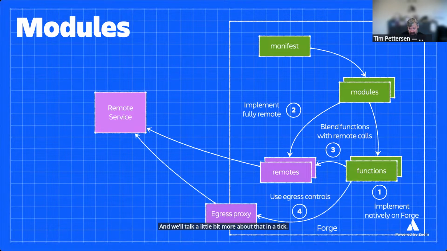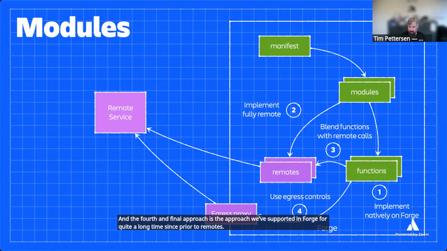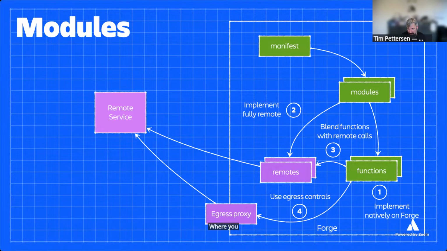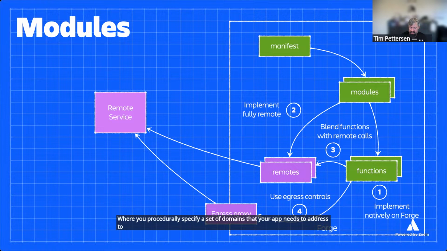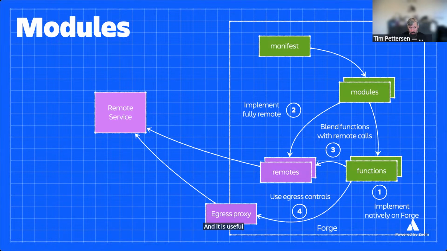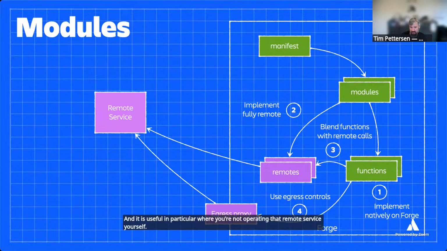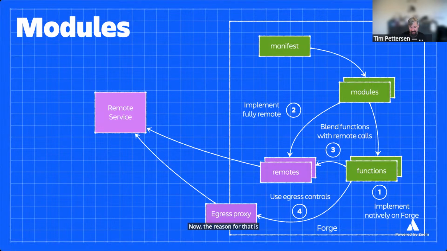And the fourth and final approach is the approach that we've supported in Forge for quite a long time, since prior to remotes, where you procedurally specify a set of domains that your app needs to egress to. This is a little bit simpler than remotes, and it is useful in particular where you're not operating that remote service yourself. Now, the reason for that is with a Forge Remote, we sort of take over the authentication system for you.